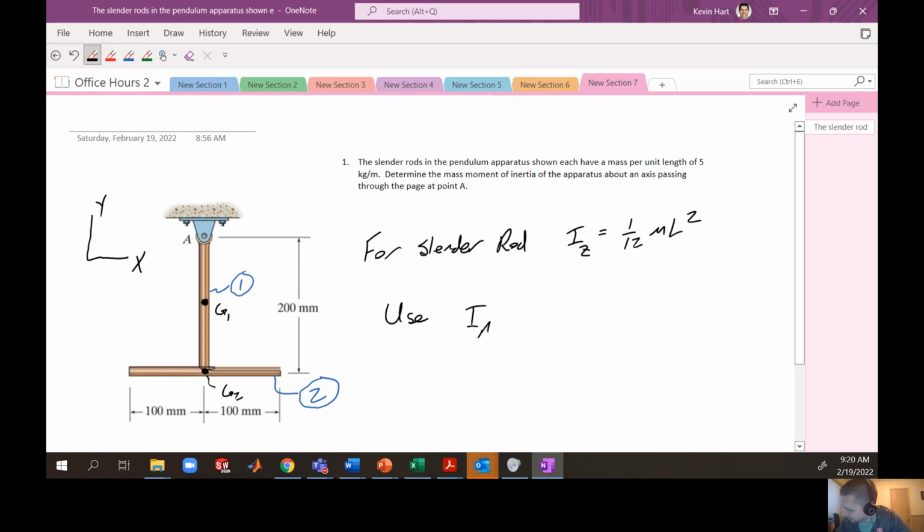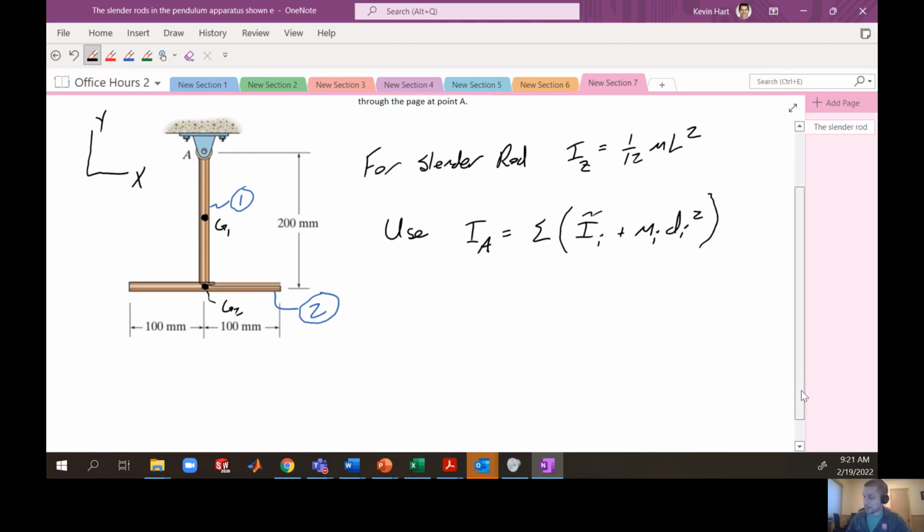So in this case, we're going to utilize the mass moment of inertia of this object about an axis passing through A, which is the summation of the mass moment of inertia of each individual object, I tilde, plus m_i d_i squared, where remember this d is the distance between parallel axes of interest. Okay, let's get on with it. Let's first understand what's going on with each one of these individual objects, and then we'll come back and plug them into this general expression.